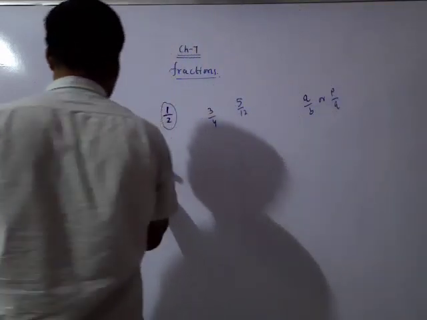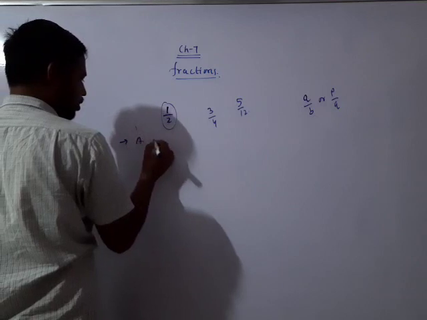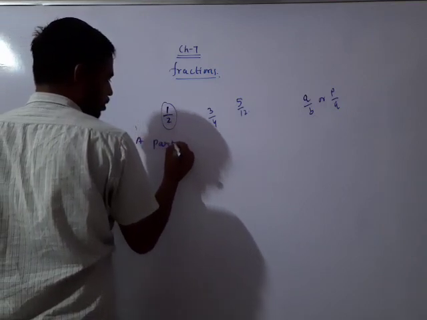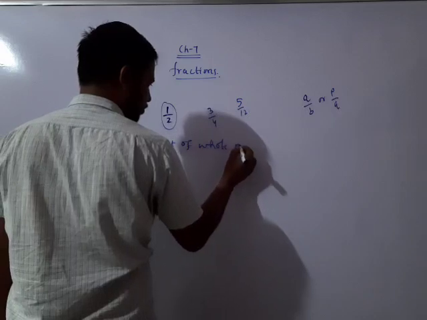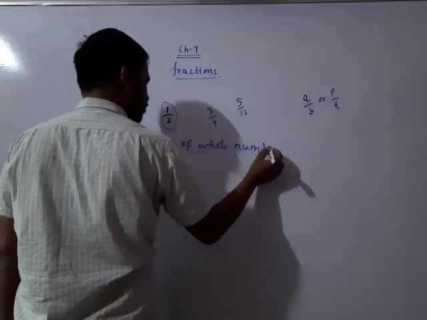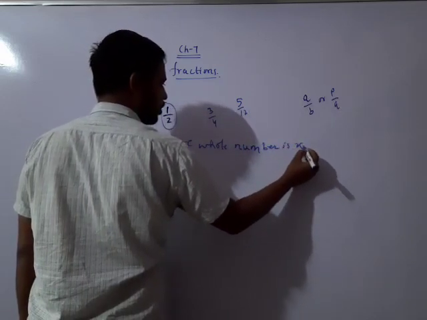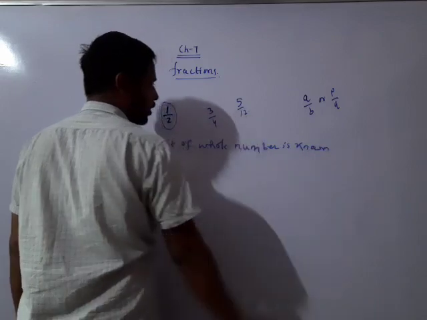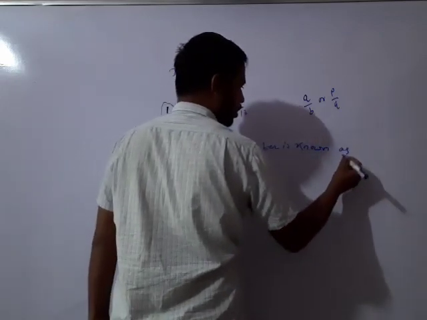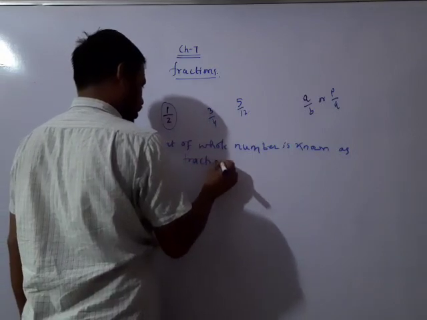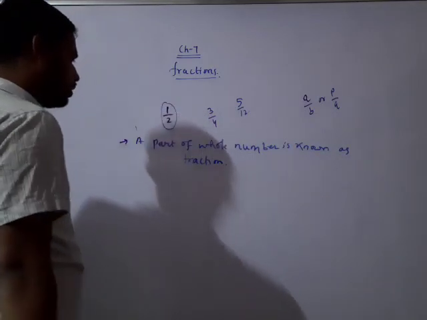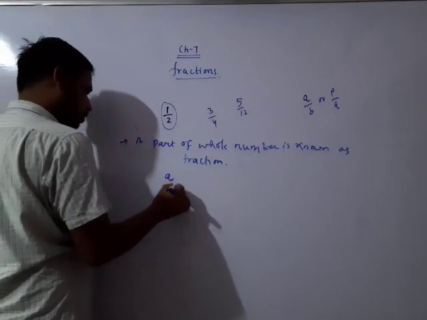A part of a whole number is known as a fraction. Now a fraction is represented in the form of a upon b.